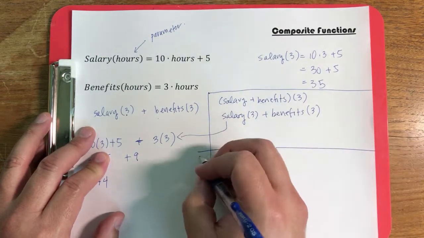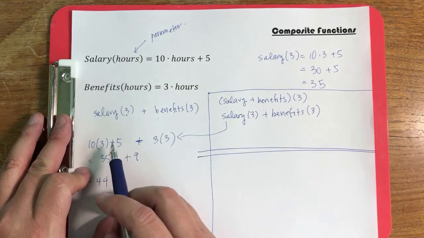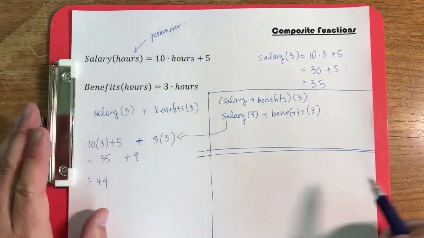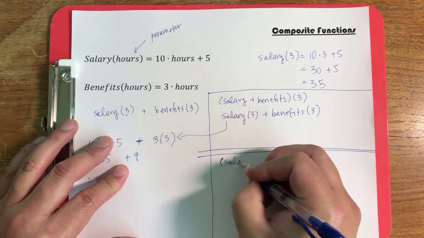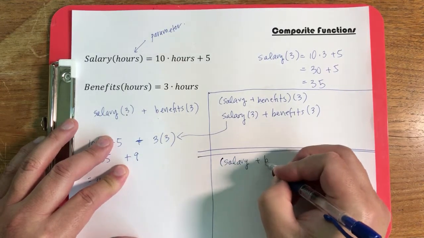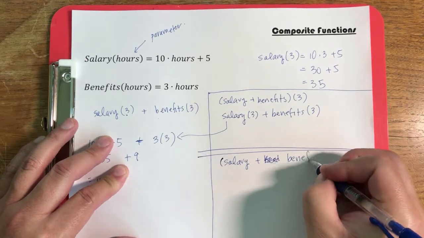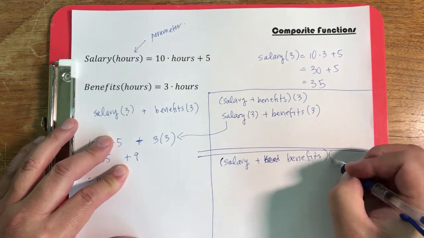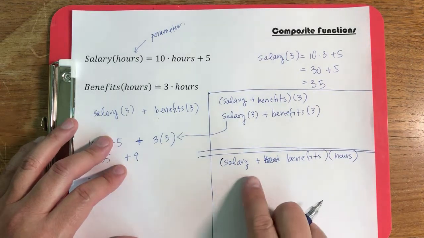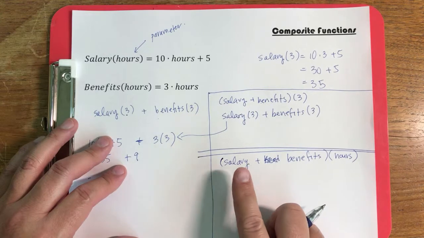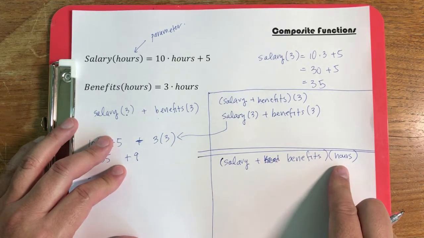Now, if I wanted to create the expression for what your cost is to the company in a general form, what I could do is I could start my problem like this. Okay, I can say, well, in order to compute your cost, I figure out what your salary is and I figure out what your benefits is for a particular number of hours.